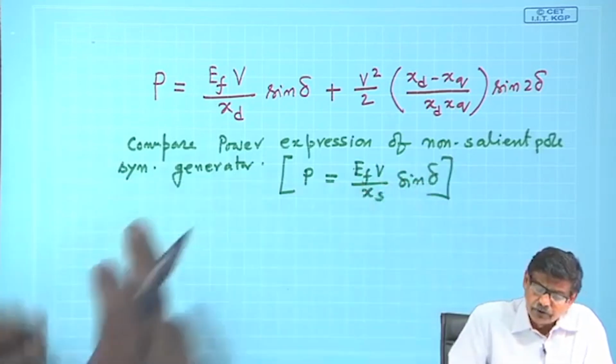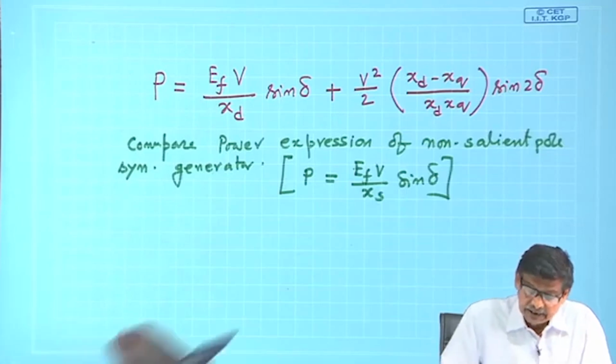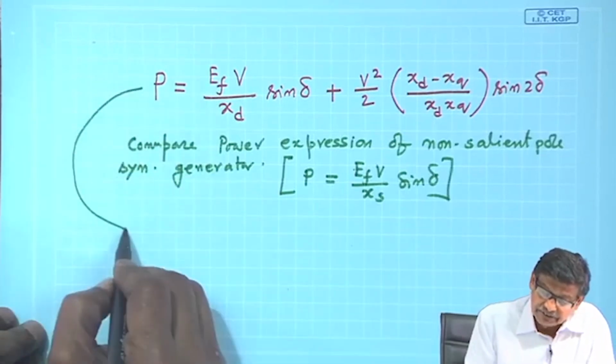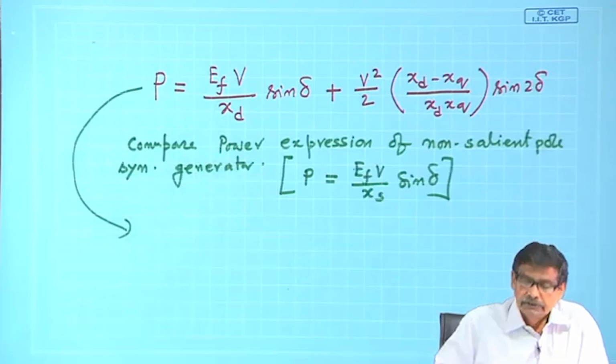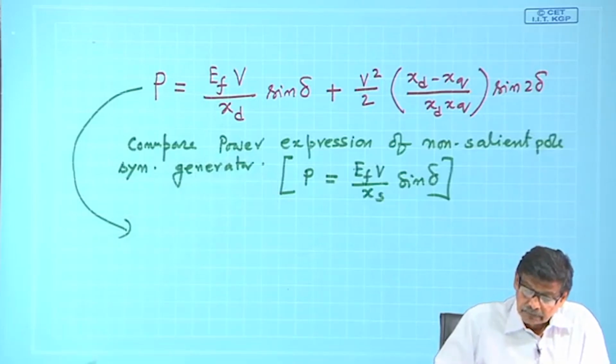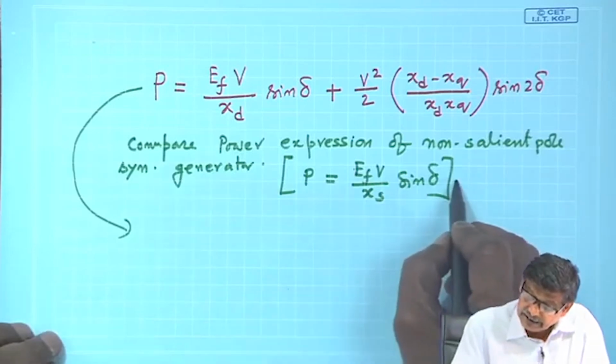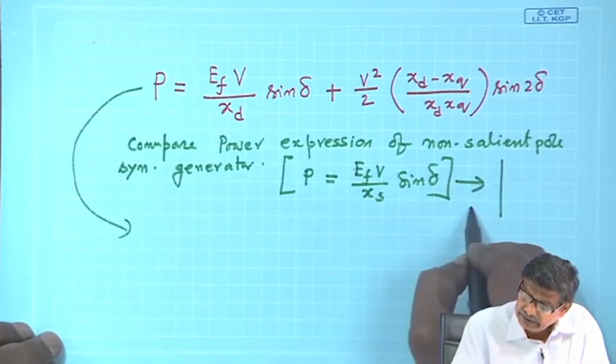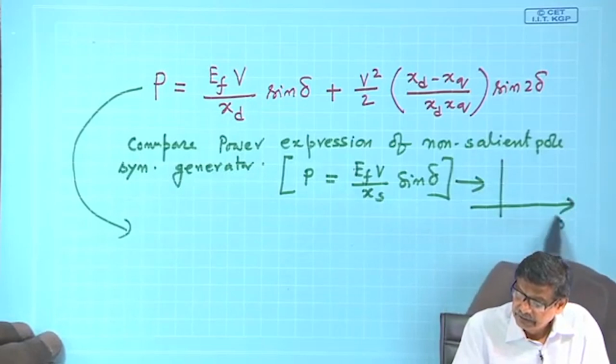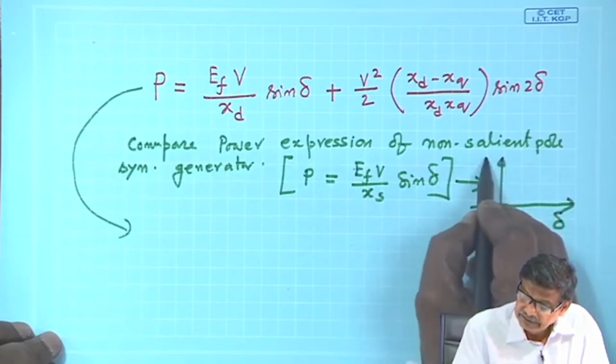So, first thing you note is that in case of salient pole machines, there are two terms, one is sin delta, another is sin 2 delta. So, in this case the P delta curve looked like this.